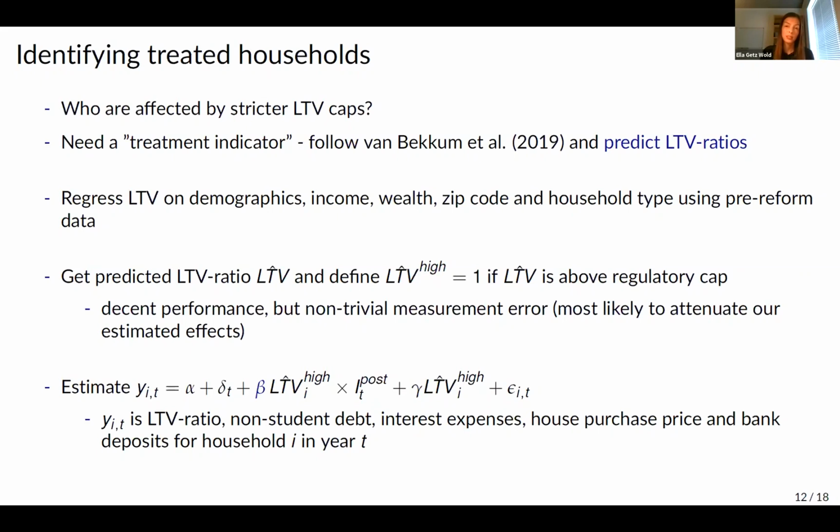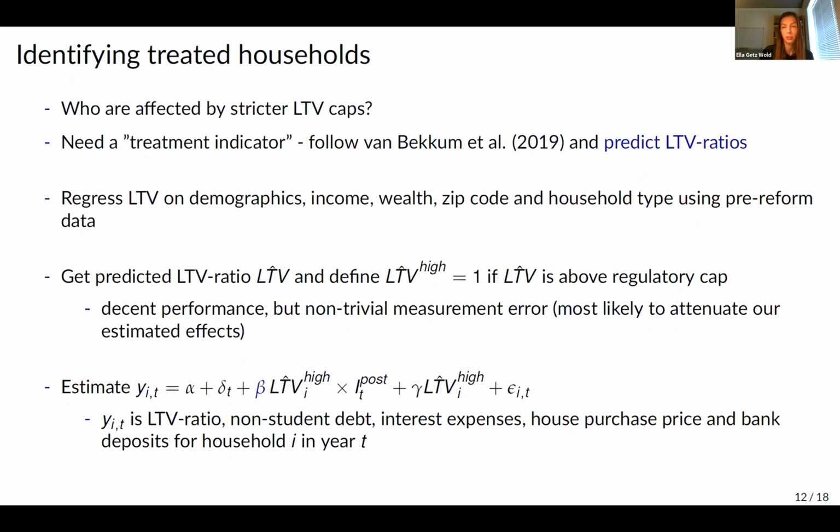So here we follow Van Bekkum, Gabarro, Irani, and Peydró, and we predict LTV ratios. What we do specifically is regress LTV ratios on demographics, income, wealth, zip code, and household type, based on pre-reform data. And this gives us a predicted LTV ratio that we call LTV hat.